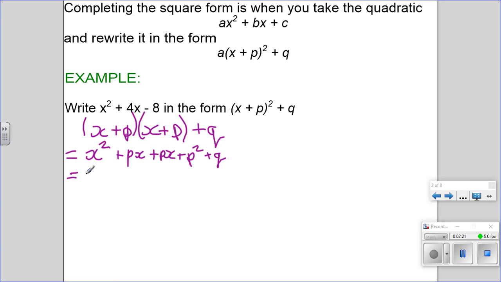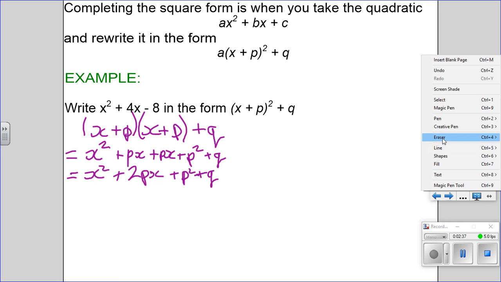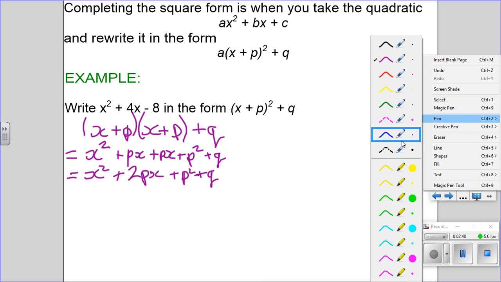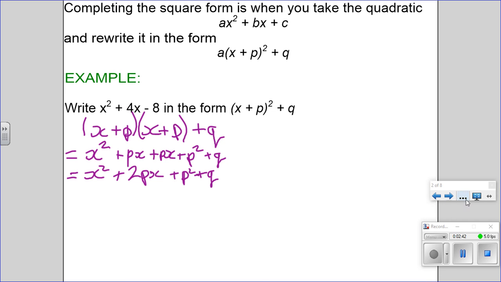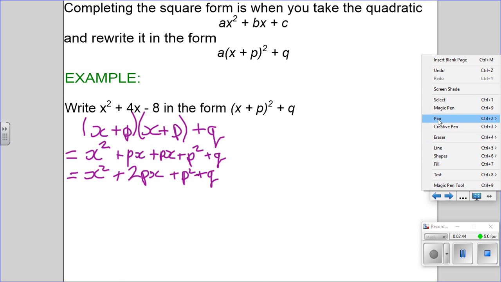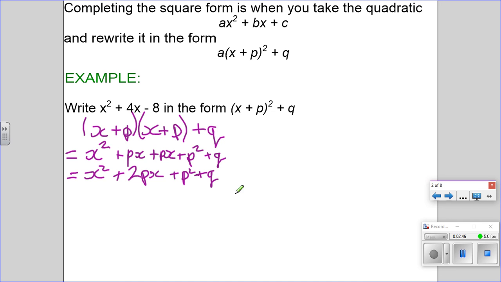And if I collect my like terms, I'll get x squared plus 2px plus p squared plus q. Okay, right, so now we have this in quadratic form. And what we will find is that we can now do a comparison.